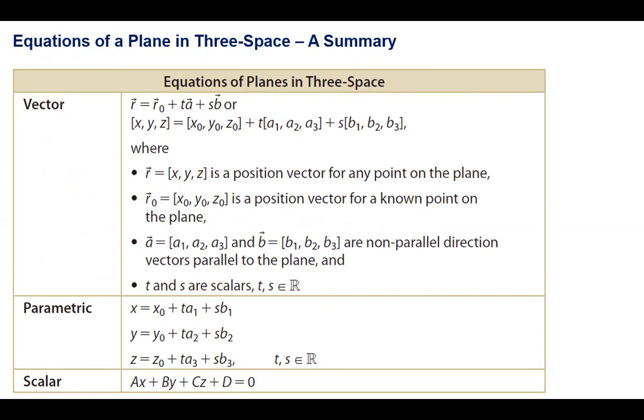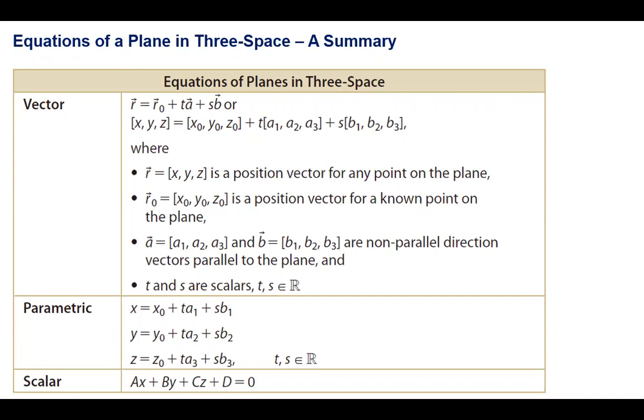The vector equation of a plane in three space can be written as r equals r naught plus t times vector A plus s times vector B, or in components form, (x, y, z) equals (x0, y0, z0) plus t times (a1, a2, a3) plus s times (b1, b2, b3), where the vector r equals (x, y, z) is the position vector for any point on the plane.